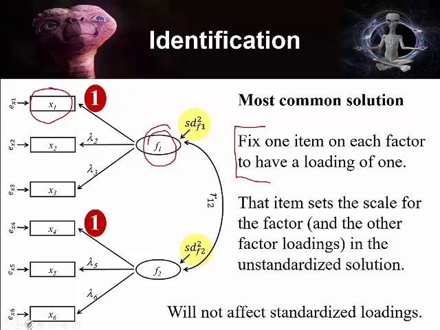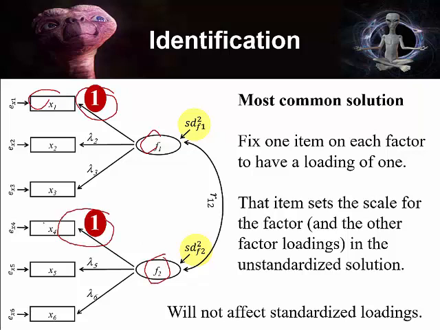So here's factor 1, and I'll take this first item and constrain that loading to be 1. Here's my second factor. I'll take the first item on that factor, x4, and constrain that lambda to be 1. It doesn't matter which lambda you use. You could use lambda 1, lambda 2, any one of these.